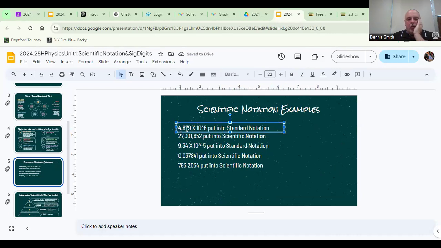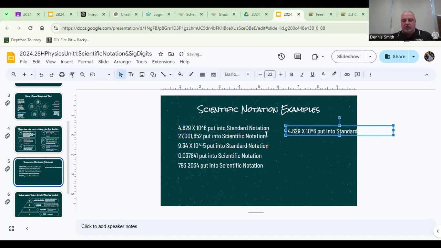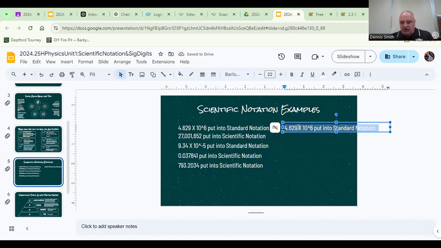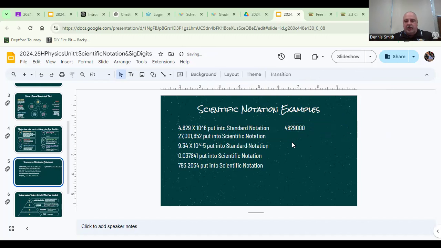You're going to move it 1, 2, 3 spots. You still have 3 spots to go, so you're going to add 3 zeros to the number. And when you put it in scientific notation, it's going to be 4, 6, 2, 9, 1, 2, 3. So you moved it 6 spots.